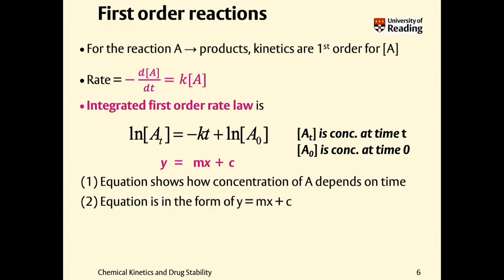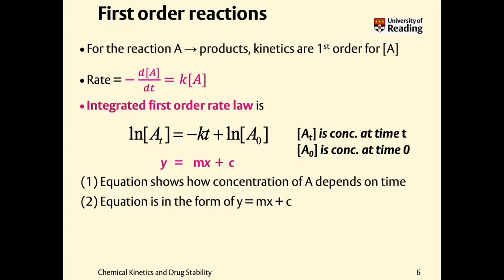So this equation allows us to measure the concentration of our reactant at different time points as the reaction proceeds, and then to plot that, and from that we will be able to determine what the initial concentration was, if we didn't already know that, and we would be able to determine minus k. In other words, we'd be able to determine the rate constant.